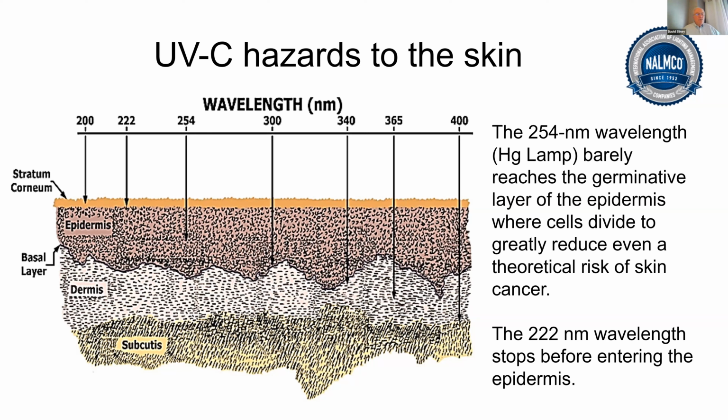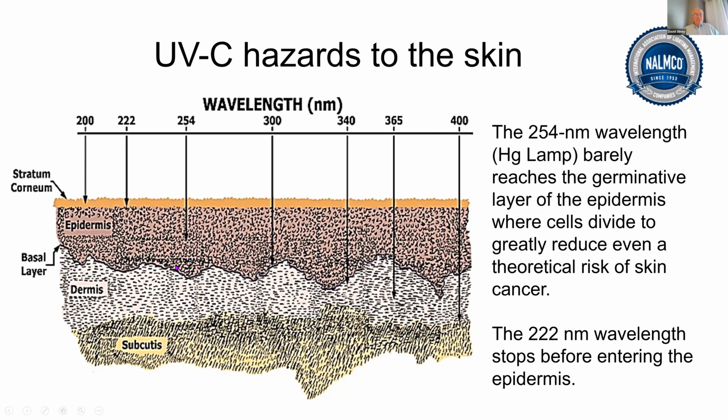The epidermal cells are created daily down at the basal layer. That's that line between the epidermis and the dermis. And those cells have the important DNA, and those are the germinative cells that are producing new cells. They're dividing constantly. So it's really important that UV rays don't reach down to that basal layer.